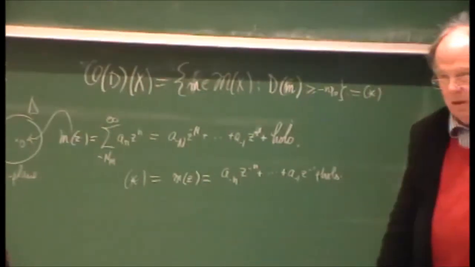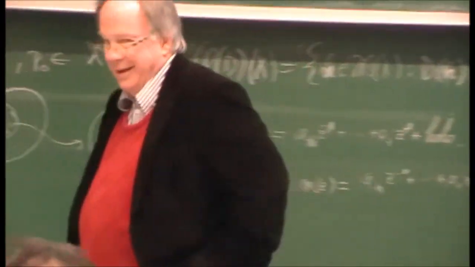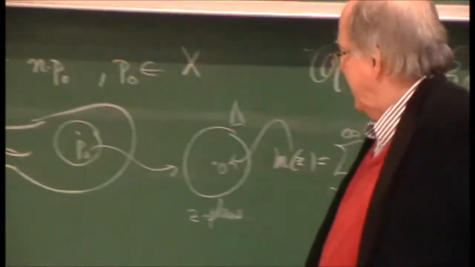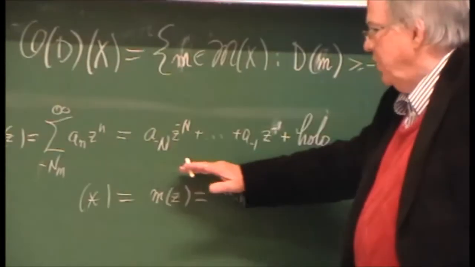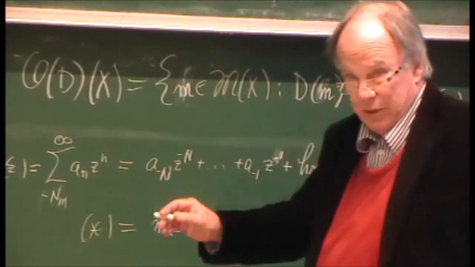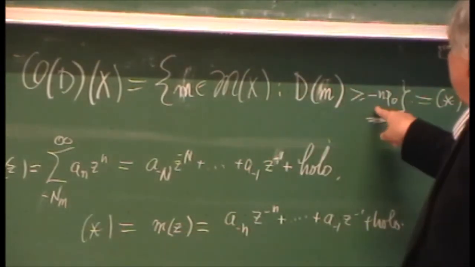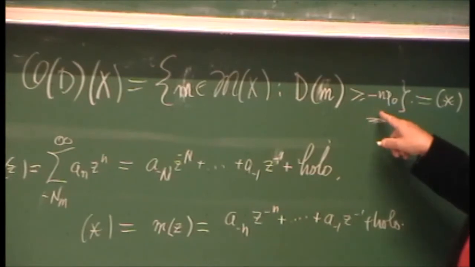Okay, so if I'm asking for a global section of this line bundle, it's the same thing as asking for a meromorphic function which is holomorphic everywhere except at this point, right? Because this is the only point where you're allowing poles.